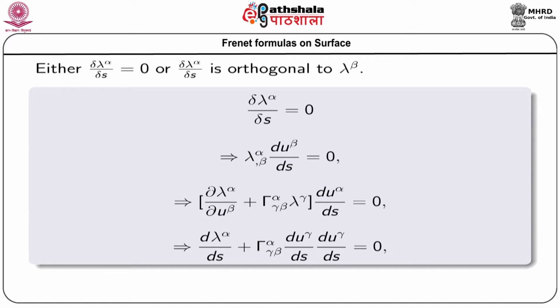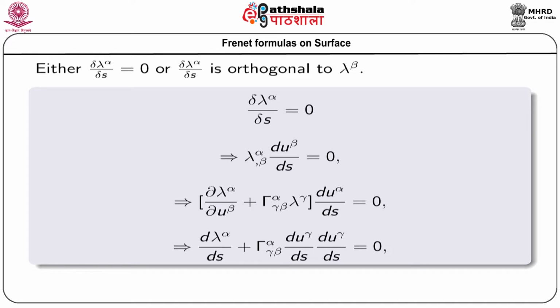From the covariant differentiation of lambda alpha comma beta, we get del lambda alpha del u beta plus the Christoffel symbol of second kind alpha gamma beta lambda gamma du beta ds equal to 0.